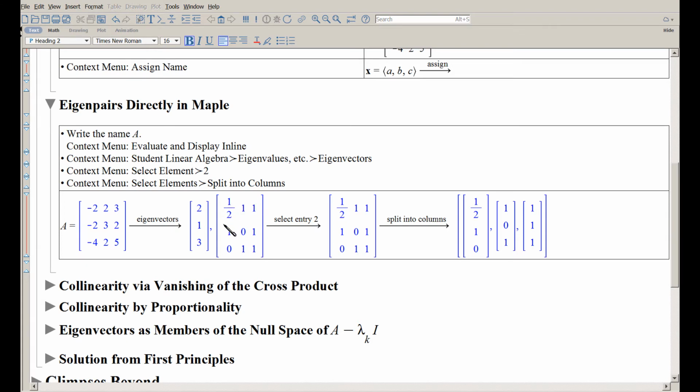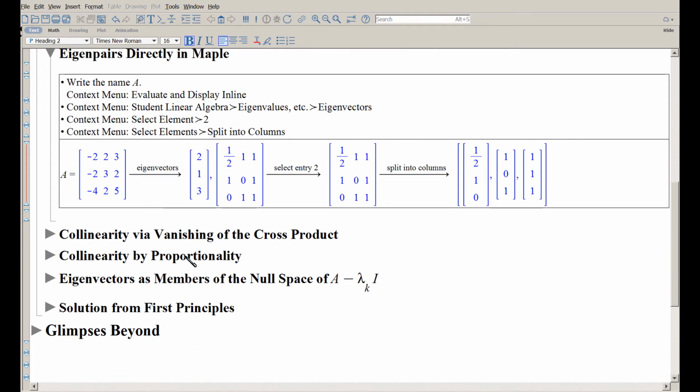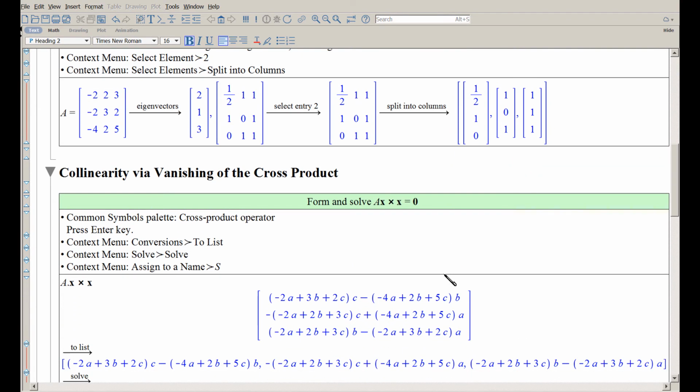Now if we grab just that matrix and split it into columns, you will see these three eigenvectors. Now if you're working with pencil and paper, you might write this as 1 and this as 2, just to avoid the fraction. Now, can you get at this from the notion of collinearity?